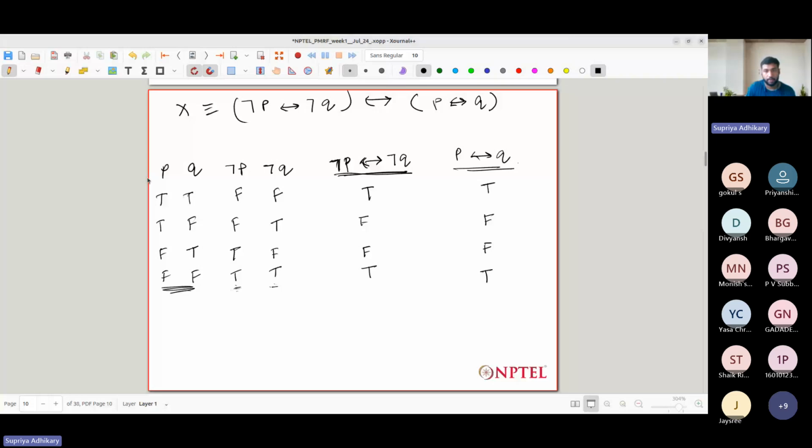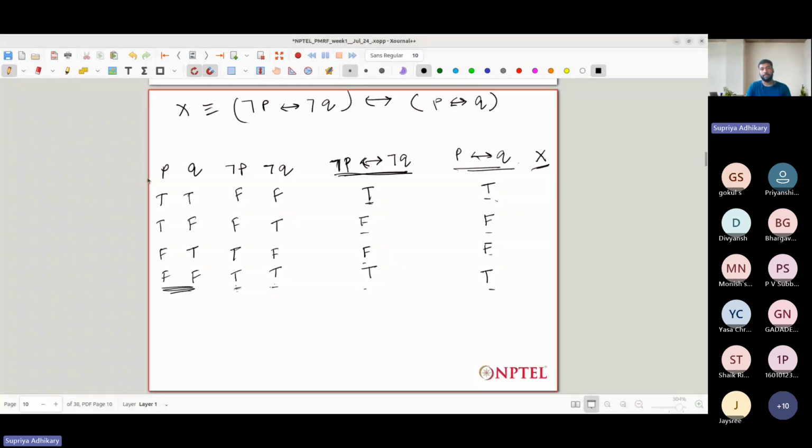And finally, we have this over here, and the bi-implication of this, which is X. So now we have to take care of this X. Now, as we can see, for all of the rows, we have T, T, F, F, F, F, and T, T. That means in all of these rows, the truth assignments are the same for these two propositions.